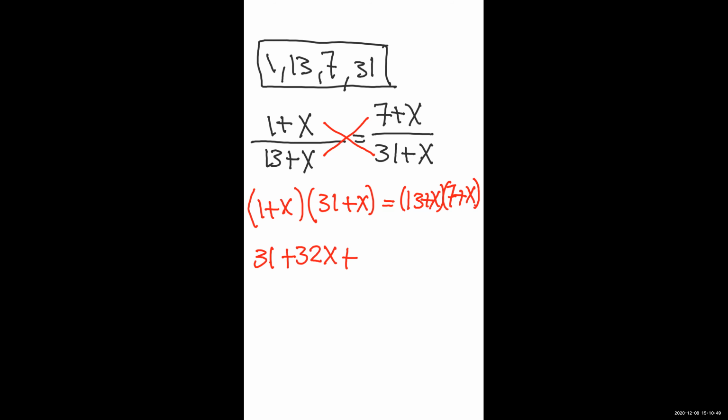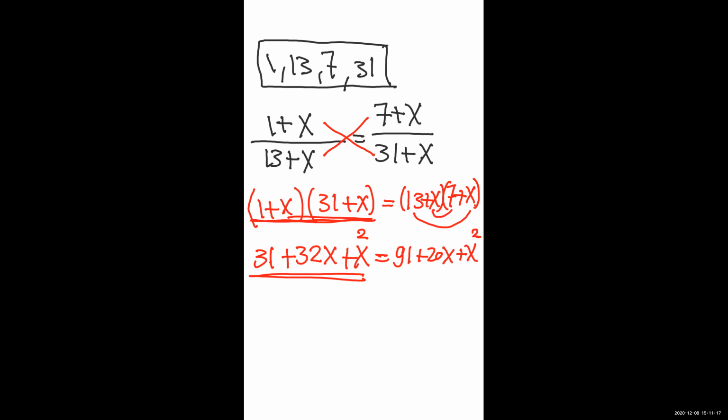Then the second times second, which is x squared. So this is the first term. Then it will equal this one, 7 times 13, which is 91. Then 7x and 13x, which is 20x, plus x squared.